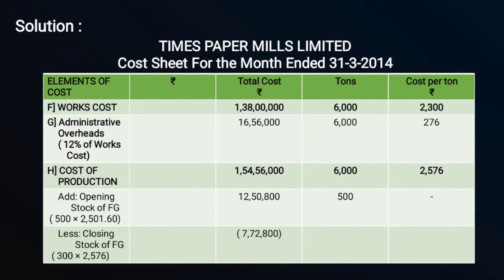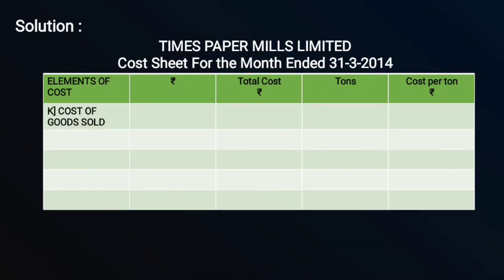So the total amount will be rupees 7,72,800 and tons will be 300. Cost per ton will be nil. So cost of goods sold will be rupees 1 crore 59 lakh 34,000. Tons will be 6,200 and cost per ton will be 2,570.